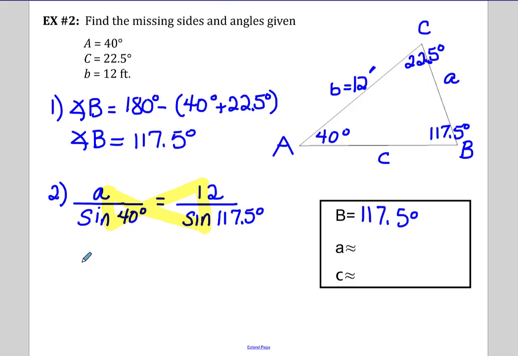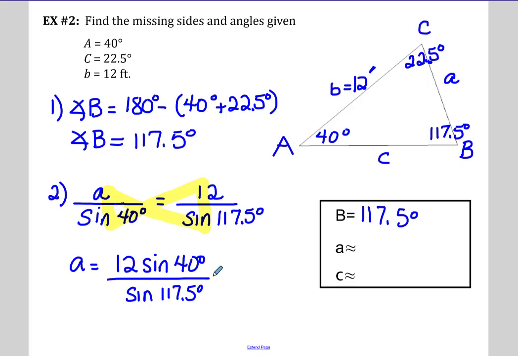So going back to our calculator, sine of 40 times 12 feet divided by the sine of 117.5. I believe that's going to give us 8.70 feet. So let's give that a try.